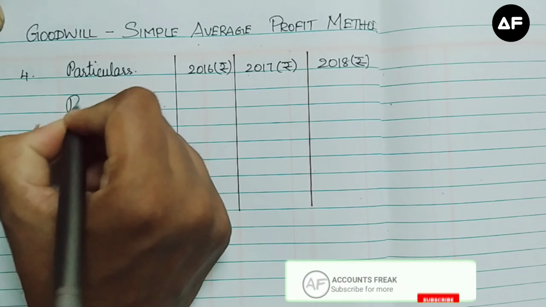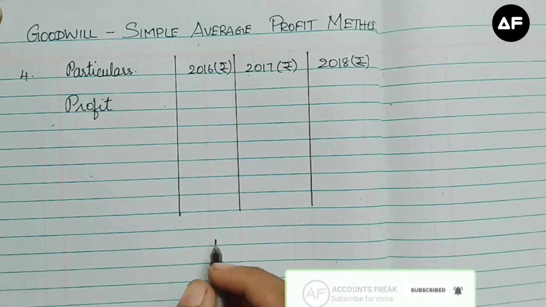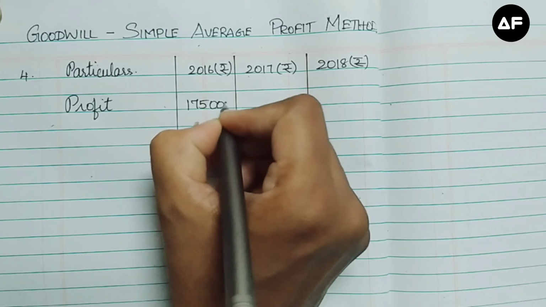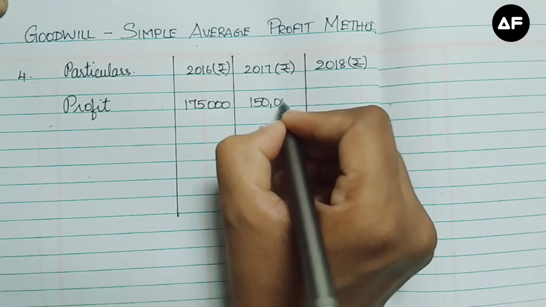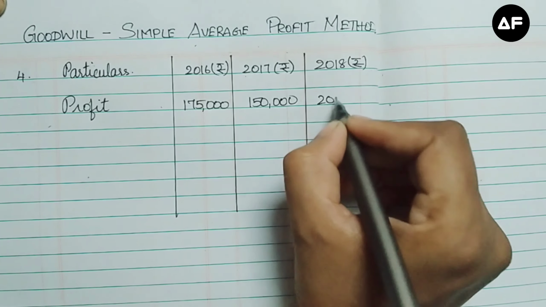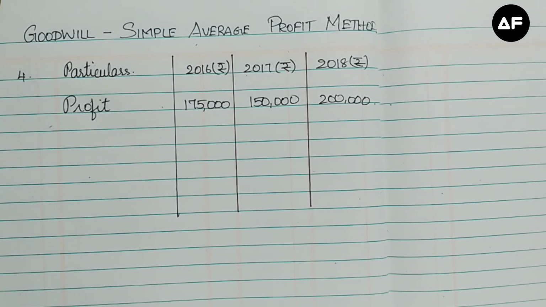First let's write out the profit which they have mentioned in the first point of the sum. 2016 is 1,75,000, 2017 is 1,50,000 and 2018 is 2 lakhs. So these are the profits which are given in the sum's first point.